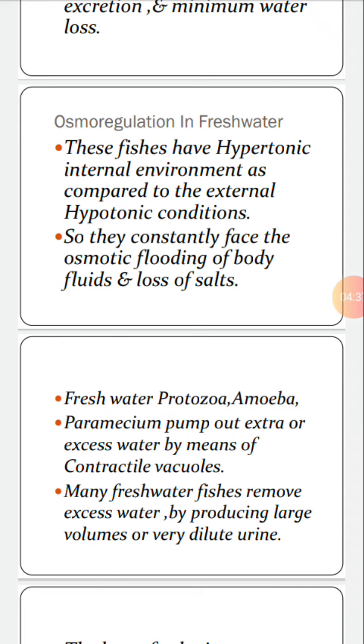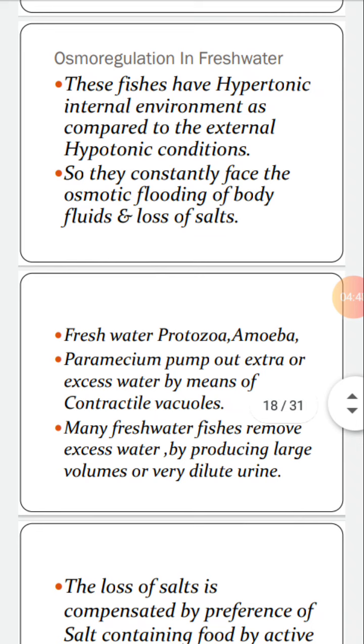Many freshwater fish remove excess water by producing large volumes of very dilute urine. Their kidneys absorb the salts that are needed and the rest of the water is excreted.